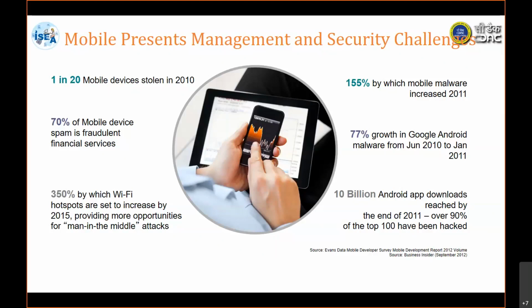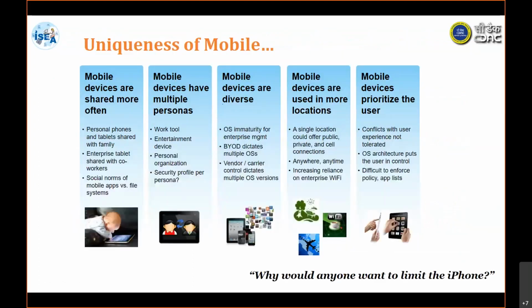So eventually, many of them will be prone to malicious activities, and probably I myself can be compromised because of that. So this is a huge threat for all of us using unknown, untrusted software from multiple places. These statistics are generated by the Evans Data Survey, Mobile Development Report 2012.